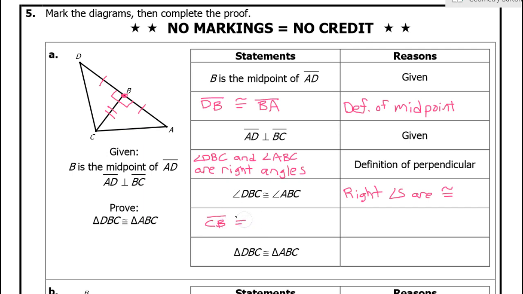And that is the reflexive property. All right, so now I can say that triangle DBC is congruent to triangle ABC. And it will be because of side, angle, side. Two sides, angle in the middle. That's side, angle, side.